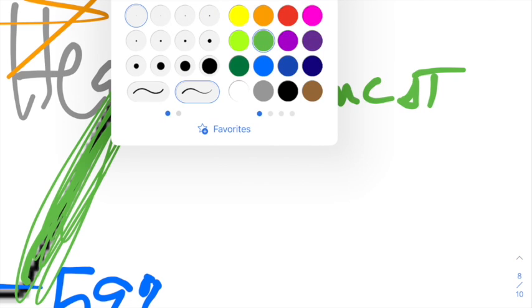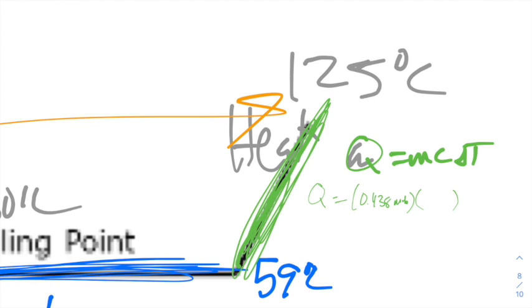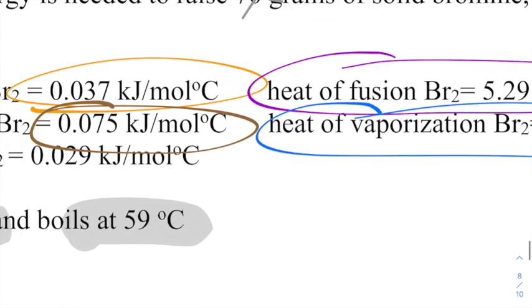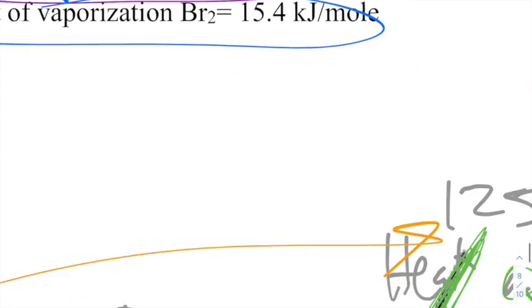Change my font size here because it's getting to be a little tight. Q is 0.438 moles times the specific heat capacity, C, of the gas now. So that is apparently 0.029.